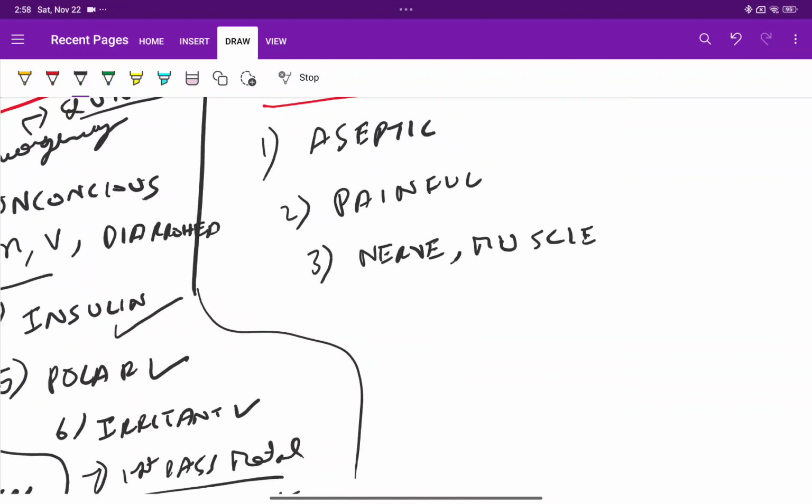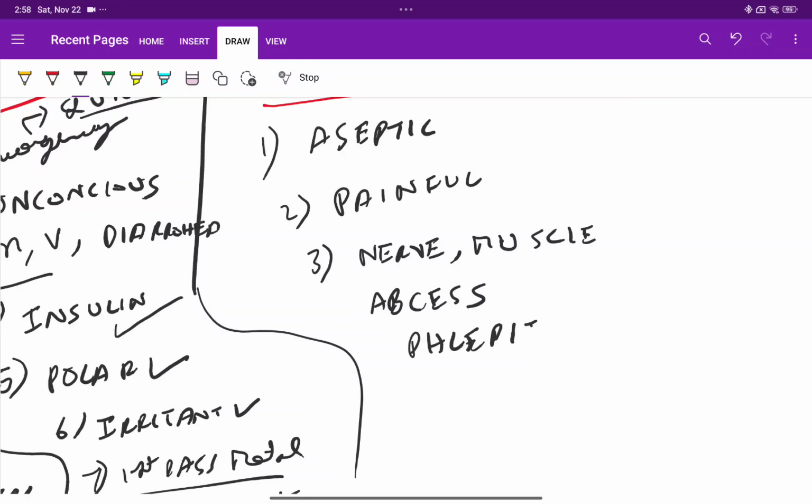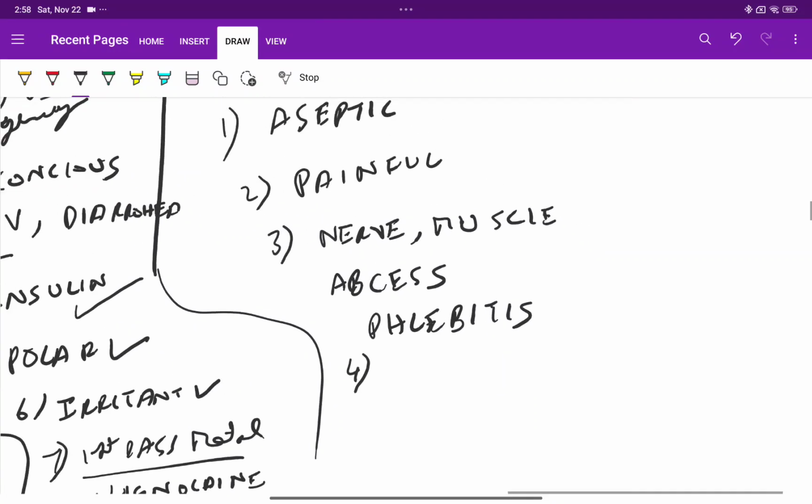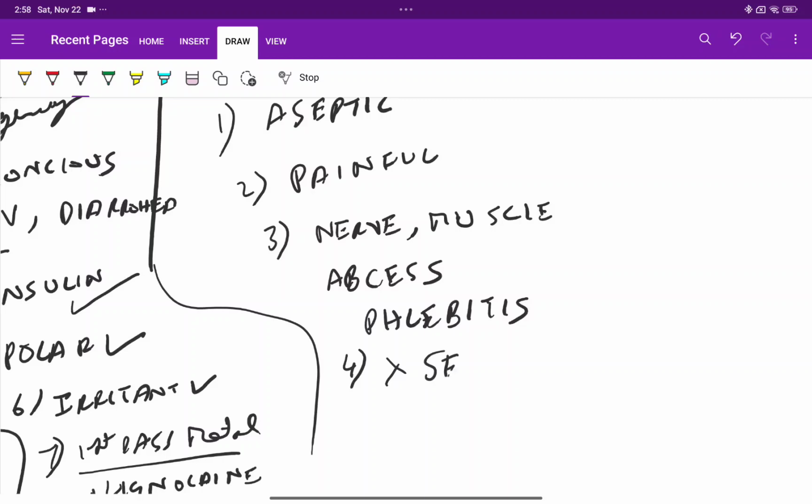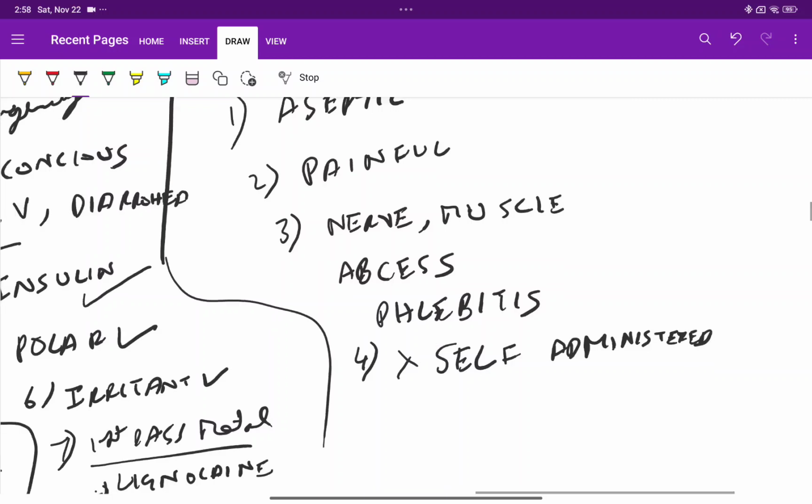There is a risk of infection causing abscess during intramuscular injection, or phlebitis when we give the IV route. Fourth one, it cannot be self-administered as compared to the oral route. These are the disadvantages of the parenteral route.